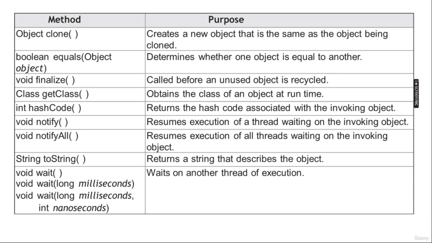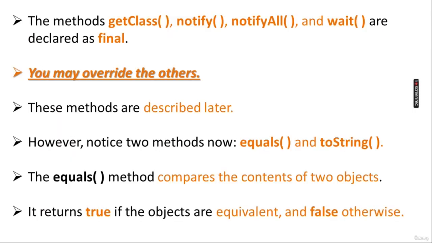Then void wait(long milliseconds), and void wait(long milliseconds, int nanoseconds), wait on another thread of execution. The methods getClass, notify, notifyAll, and wait are declared as final, so these cannot be overridden. You may override the other methods. These methods are described later in the multi-threading chapter.